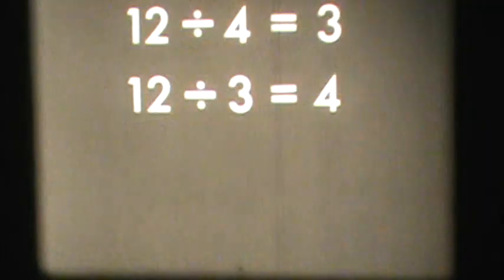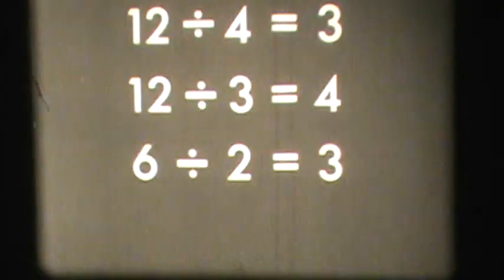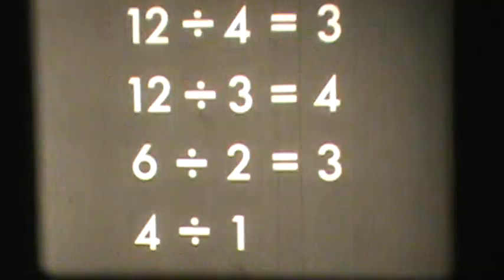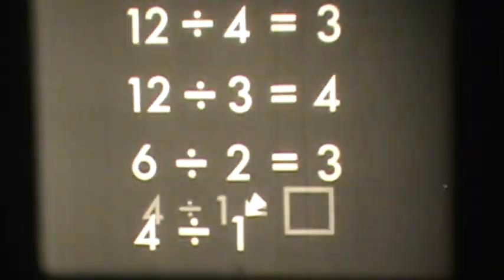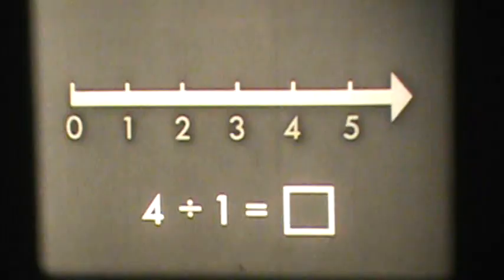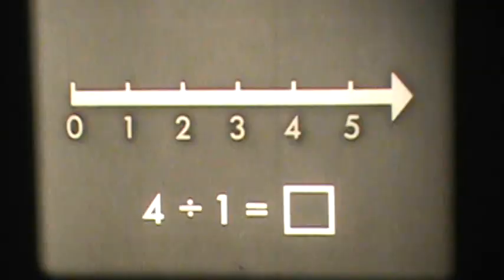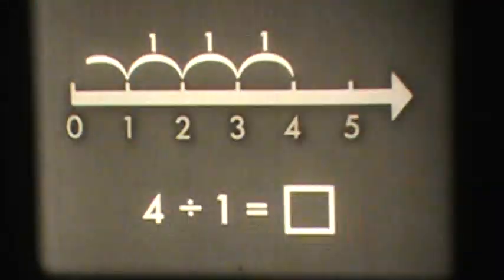There are many more division facts. Here is 6 divided by 2. Now, what about this? 4 divided by 1. We can ask, how many 1s in 4? Let's use the number line for this problem. We'll start at 4 and move 1 space at a time to the left. 1 1, 2 1s, 3 1s, 4 1s.